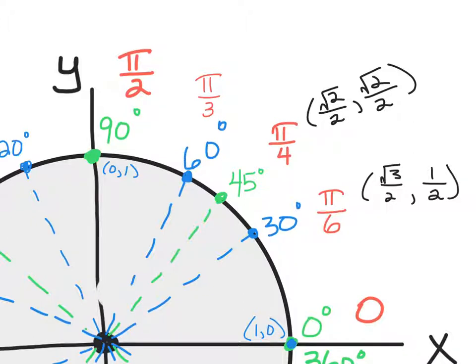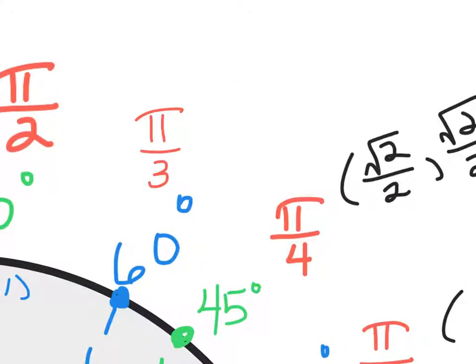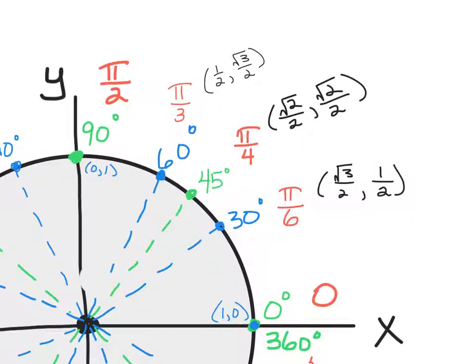And the cosine of 60 is 1 over 2, and the sine of 60 is radical 3 over 2. And each of those ordered pairs represents the x and y values of the coordinates of the point that's on the unit circle that would make that triangle.